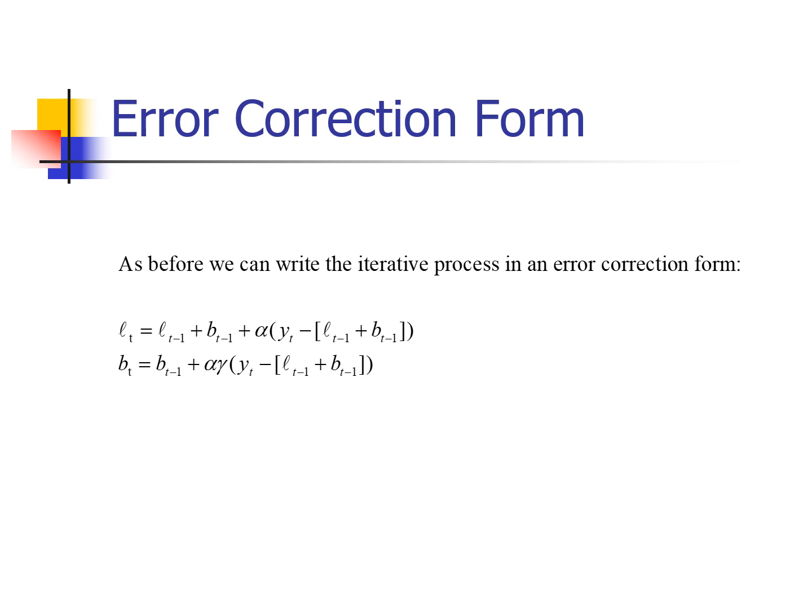We also have an error correction form. We can write that iterative process from before, which is just an algebraic reshuffling, in this error correction form for updating the level and updating the growth rate. Each of them has the old estimate, L sub t minus 1 or B sub t minus 1, on the left, and then on the right is the error.